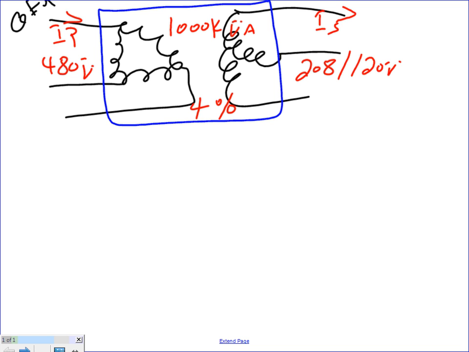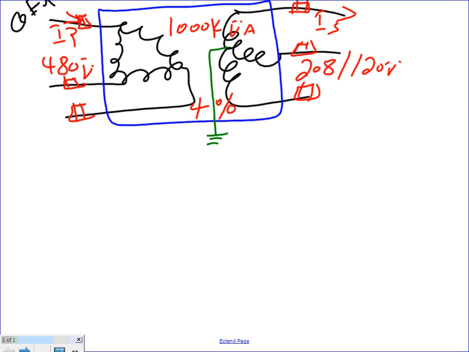Okay? And don't forget that we need to bond and ground this baby right here. It is a grounding conductor. And we're going to find a few things for this baby. Don't forget that we always have fuses on the primary, and also fuses on the secondary, fuses or circuit breakers.